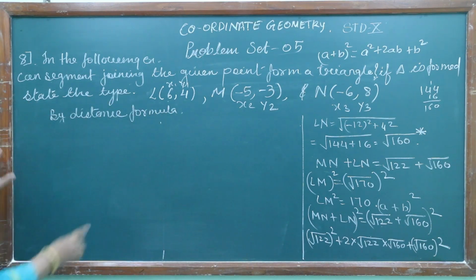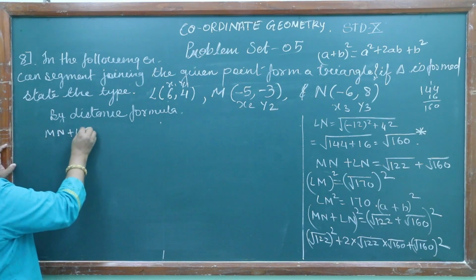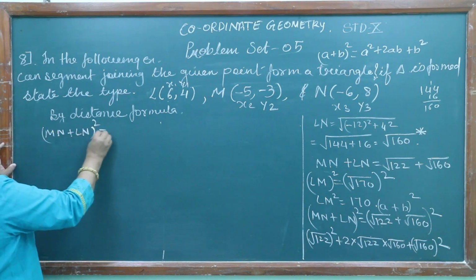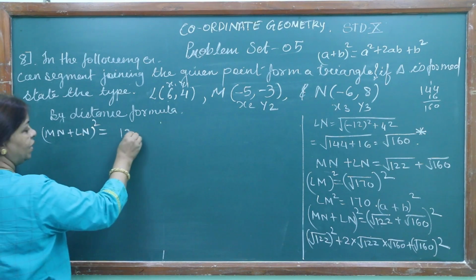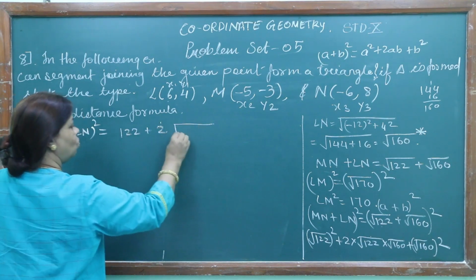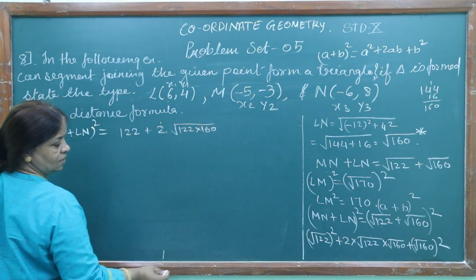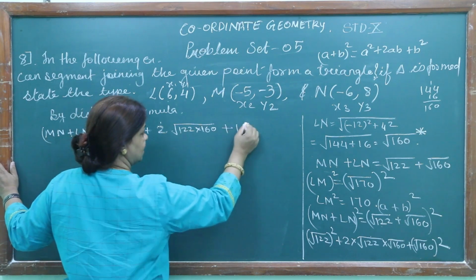What am I getting? (MN + LN) whole square, I am getting 122 plus 2 into 122 into 160 plus 160.